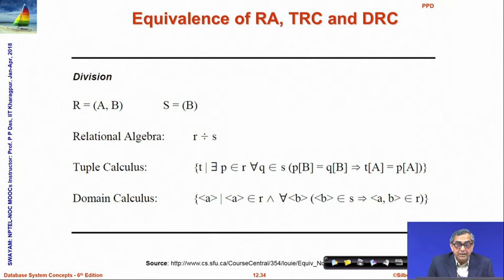I will leave that as an exercise as well, but here what I show is in tuple calculus how you can write division using the quantifiers. Here you can see that for the first time we do need to use the universal quantifier to make sure that while I divide, the whole of the table of S must be available against the part of the tuple, the part of the Y attributes as we said, that will be collected in the result.